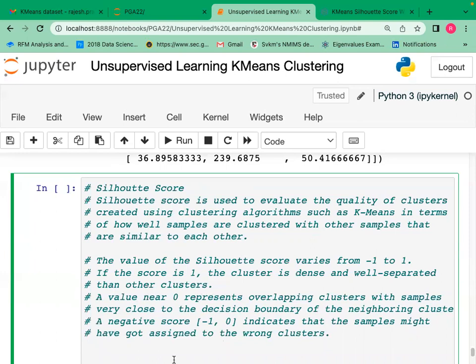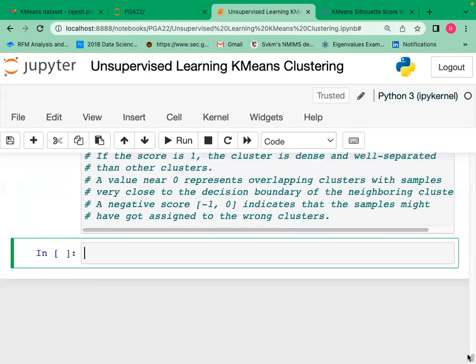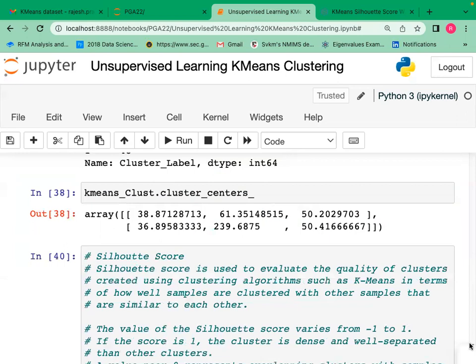If the score is 1, the clusters are well separated. Overlapping. So this is the interpretation of the Silhouette scores. It lies between -1 to 1.